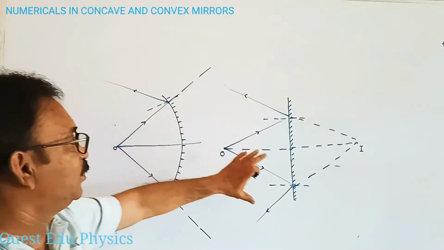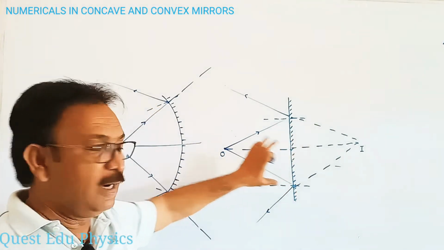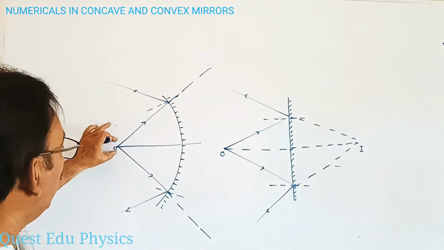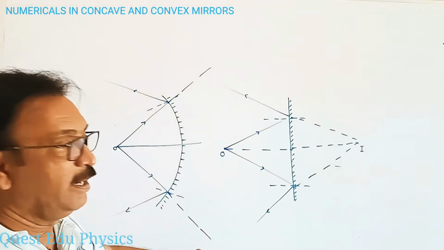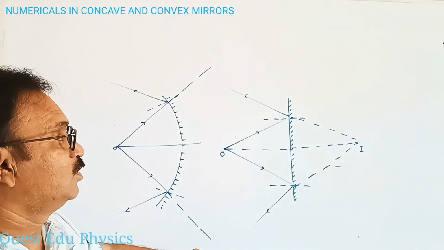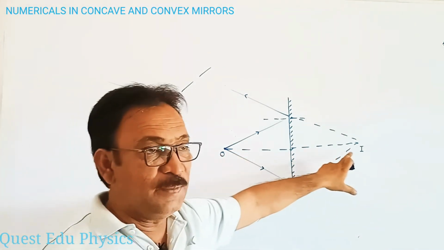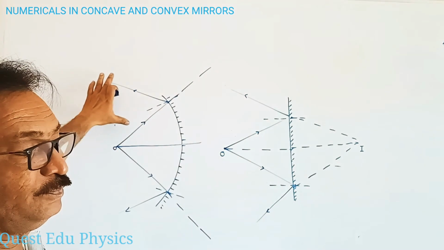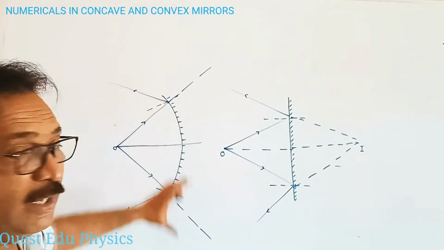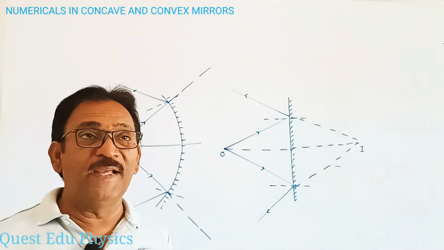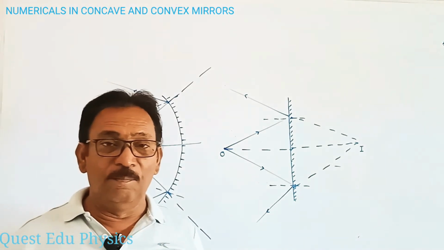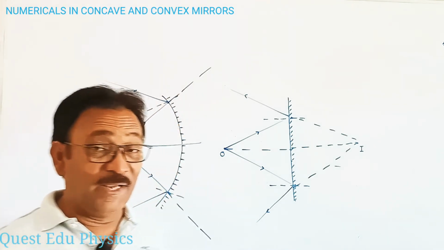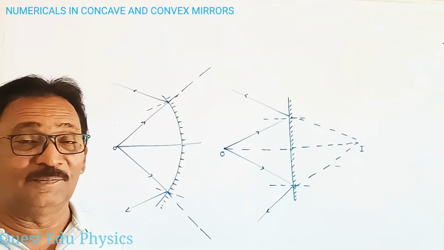That is the difference between a plane mirror and a concave mirror, students. If you keep any head here, it appears to be bigger. Okay, students. Here it is of the same size, but here it appears to be bigger. In this way, a concave mirror makes things appear to be bigger.